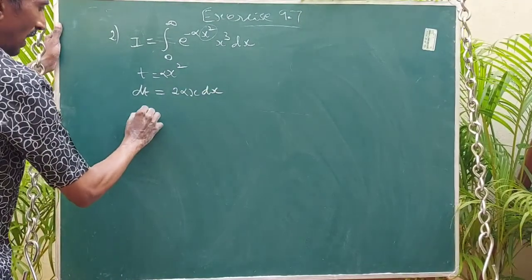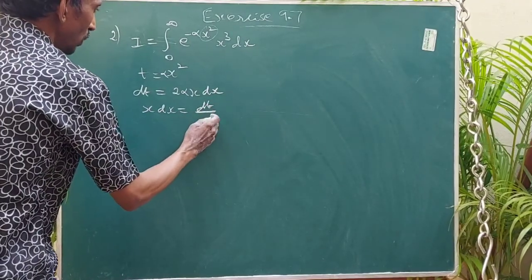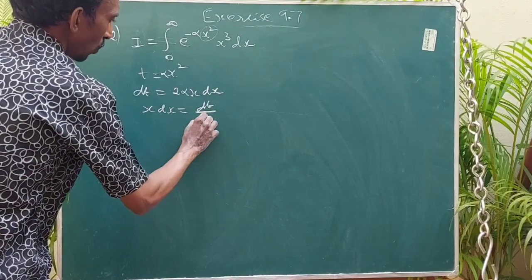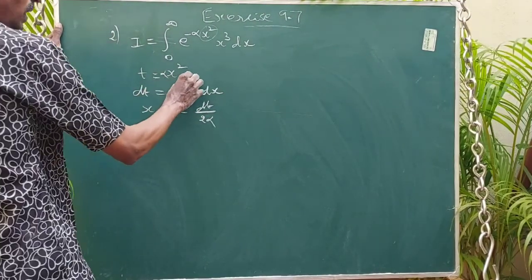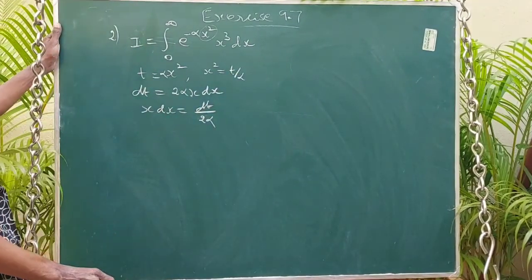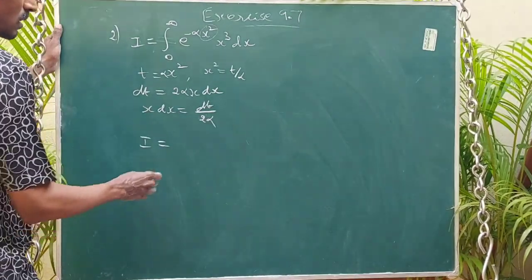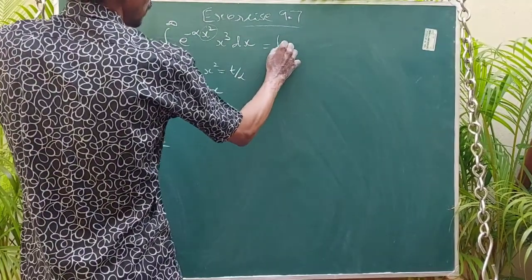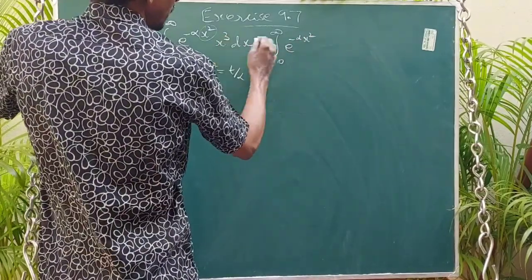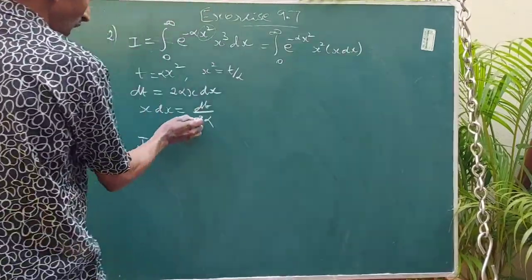So x dx equal to dt by 2 alpha. And in the meantime x square equal to t by alpha. Okay, so now listen, I can be written as integral 0 to infinity e power minus alpha x square. This x cube can be written as x square into x dx. So we need this one.